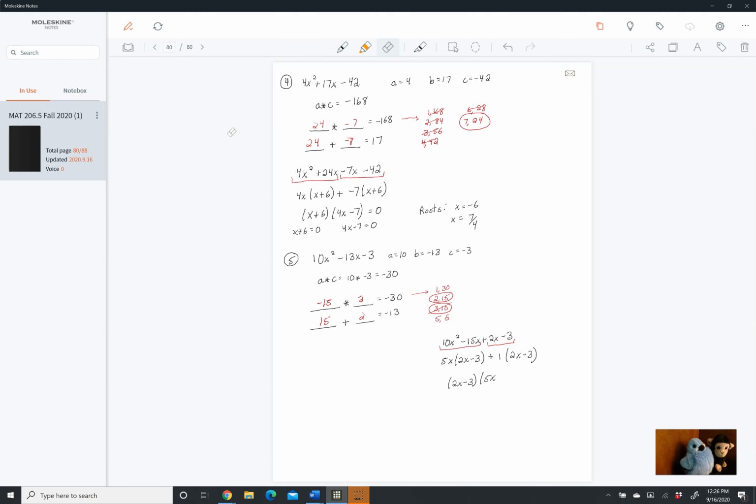We're left with a 5x from the first one and a 1 from the second. Set it equal to 0. Either 2x minus 3 equals 0 or 5x plus 1 equals 0. So x, our roots, are x equals 3 halves and x equals negative 1 over 5.